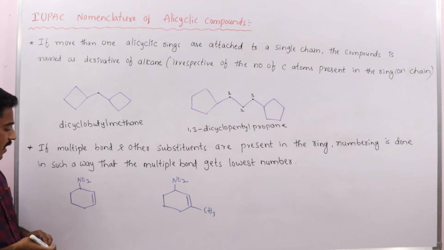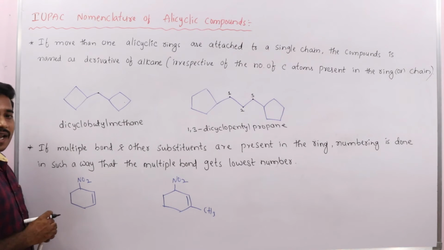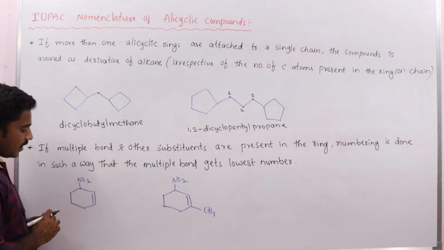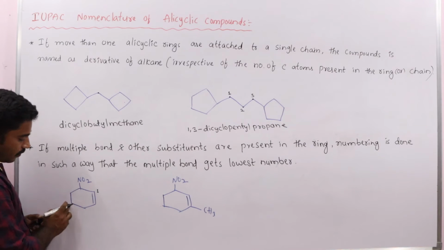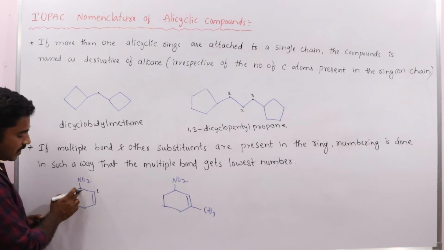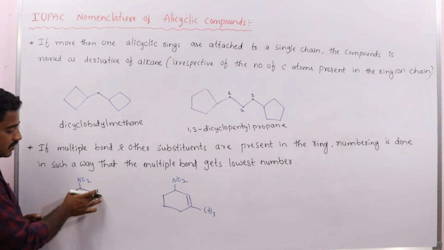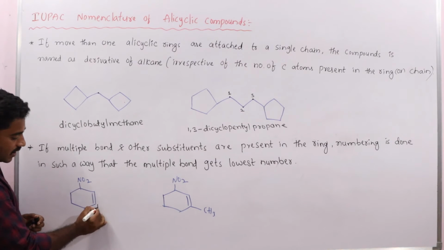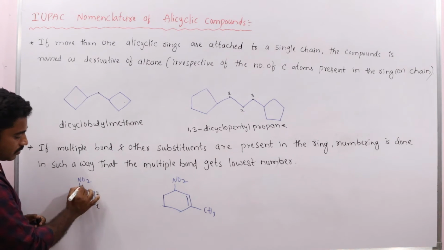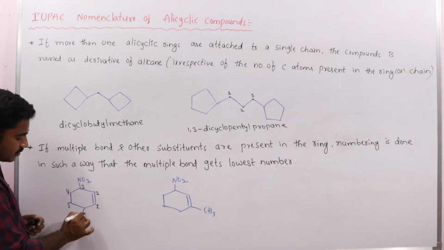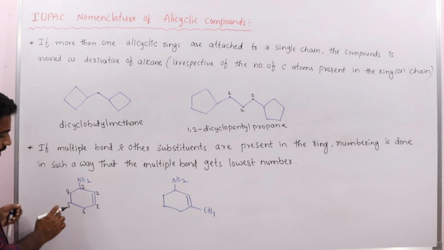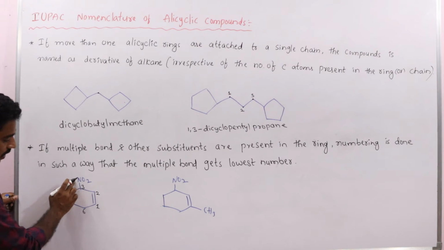That's why the multiple bond should get the least number. If you start the numbering from this carbon 1, 2, 3, 4, 5, 6, that means the substituent is getting the 6th number. That is not correct. That's why we have to start numbering from this, 1, 2, 3. Here NO2 is getting the third position. 4, 5, 6. Then the substituent name is 3 nitro.